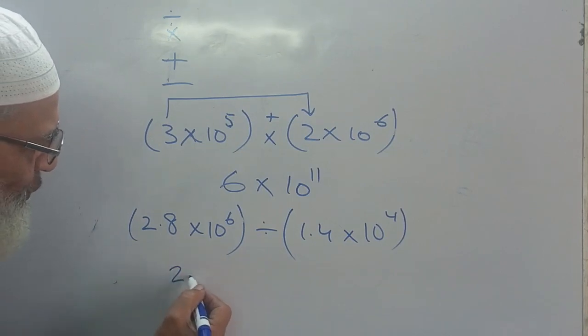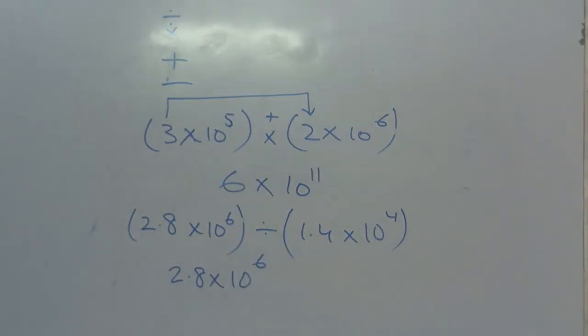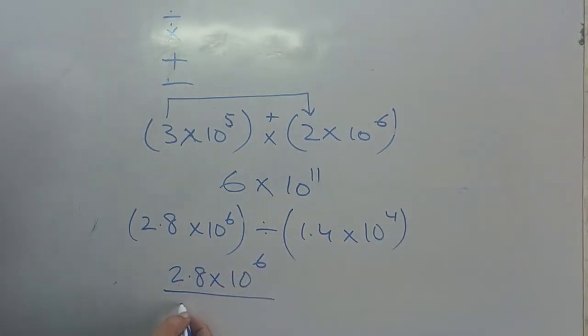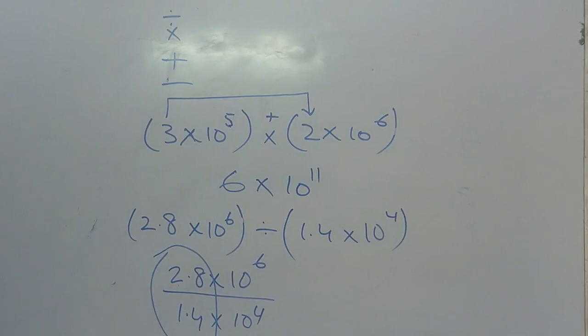It will become 2.8 multiplied by 10 raised to power 6 divided by 1.4 multiplied by 10 raised to power 4. So again, just operate on these and leave the powers for now.